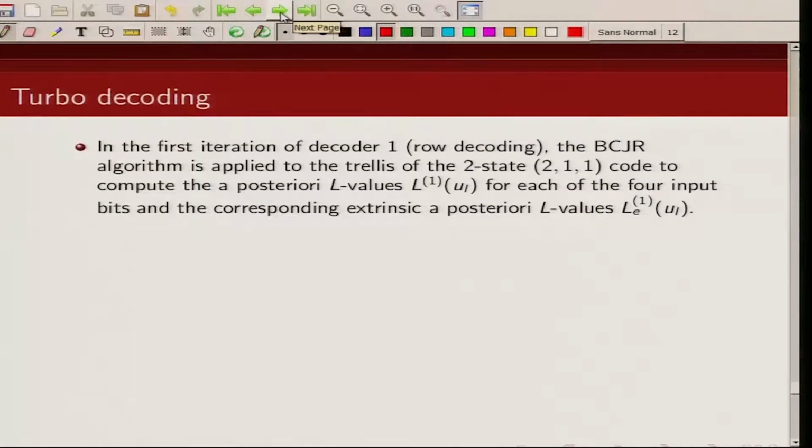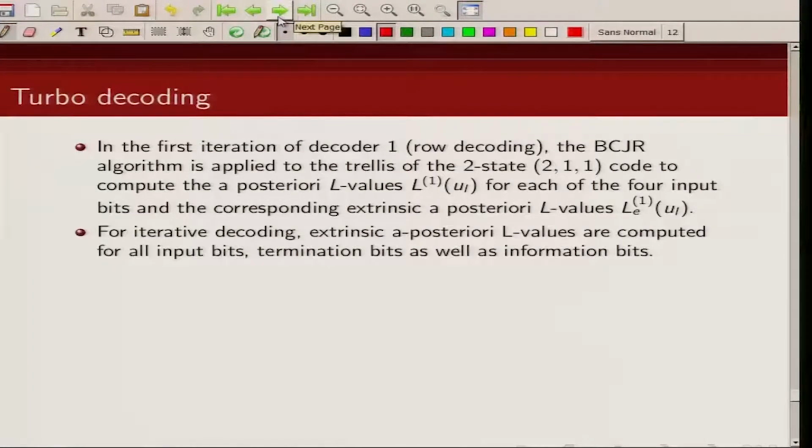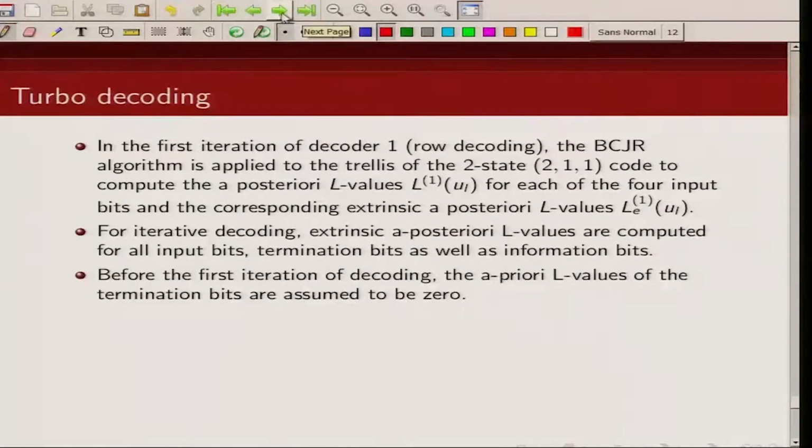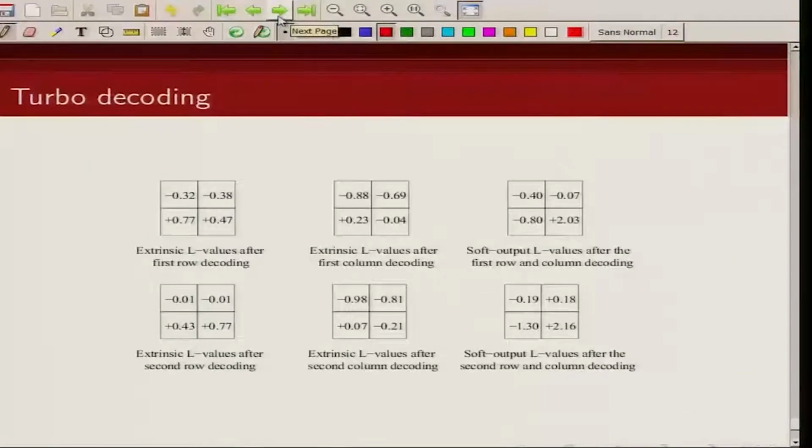Of course, in the first half of decoding, I will have decoder 1 work first and then decoder 2. I will directly come to the values, because I have already explained the whole procedure. I will just show you the extrinsic information values and the APP values at the end of each iteration. This is the extrinsic information after I have decoded using decoder 1.